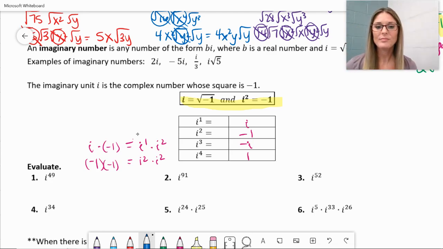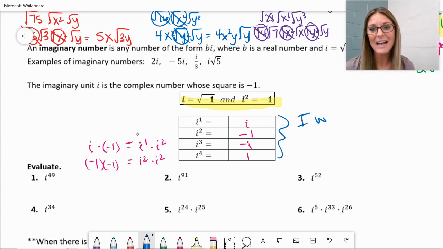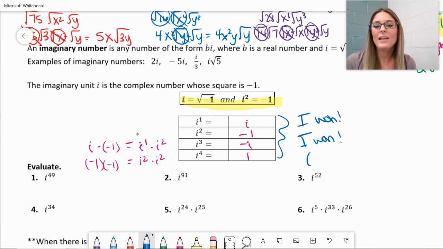You need to memorize these 4. The way I do it is I won. Like "I won," with negatives in the middle.